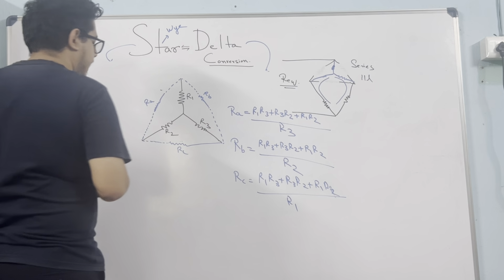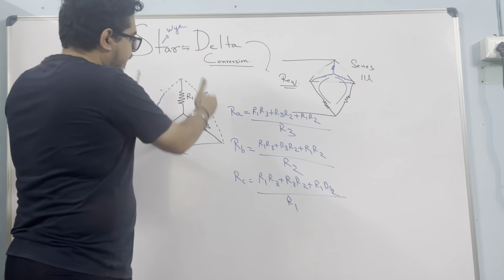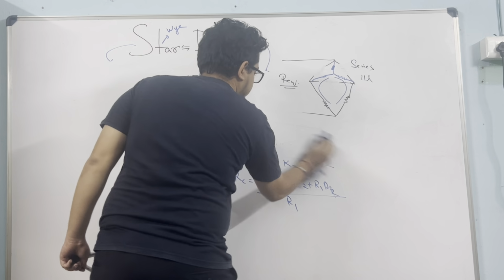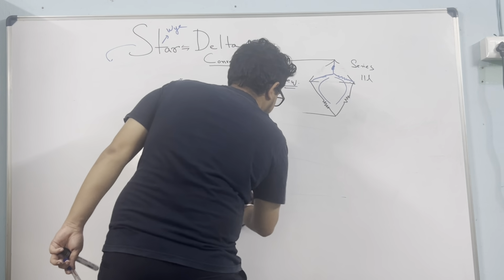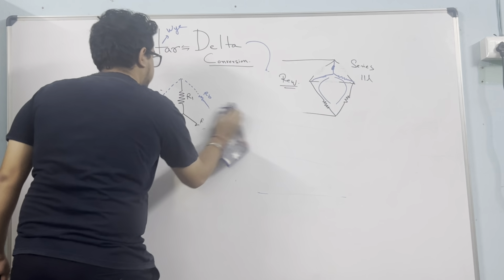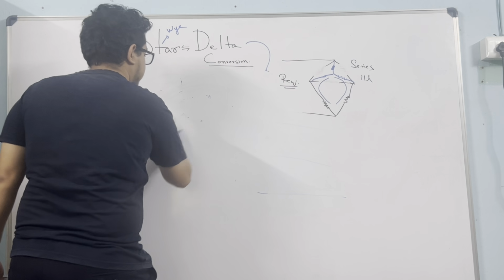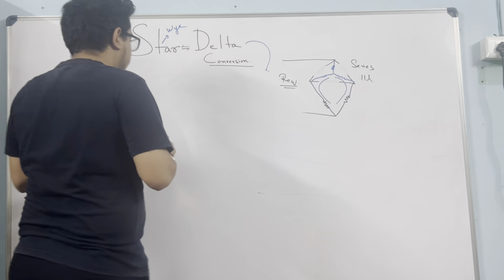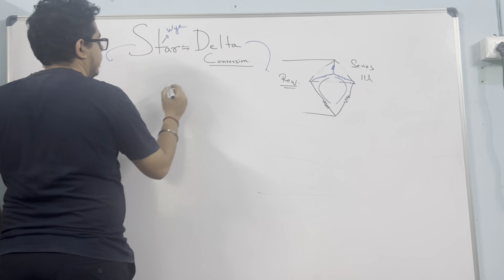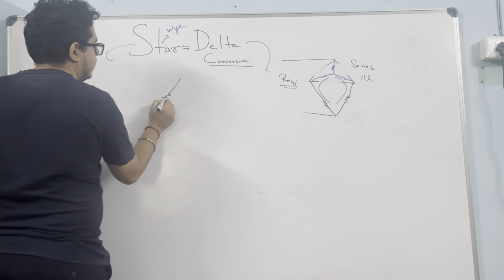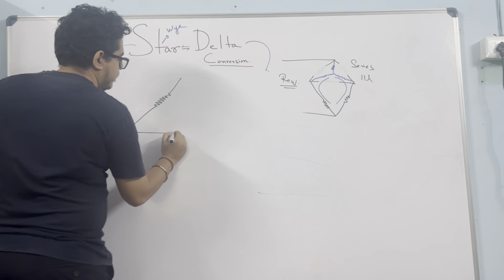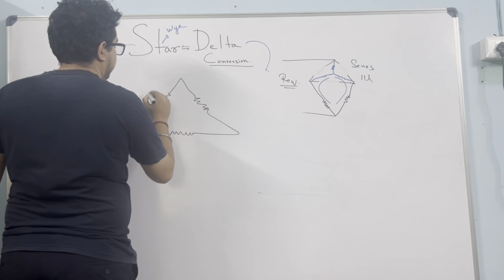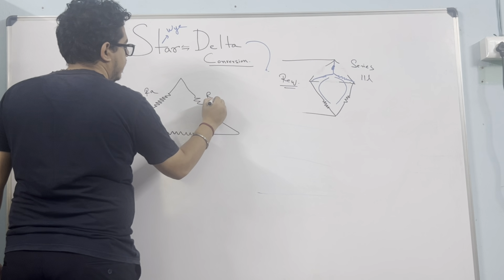Now if the question arises how to convert delta into star, let's look at the next scenario, delta into star. So I have a delta connection, with resistances RA, RB, RC.